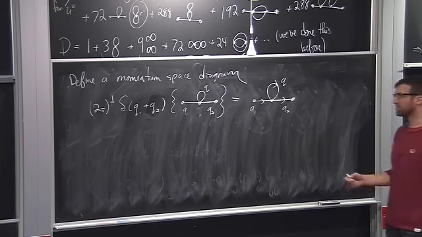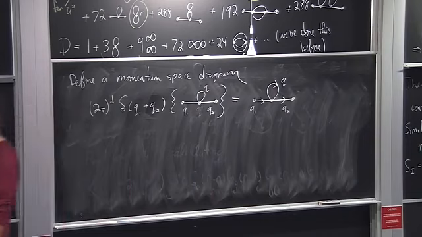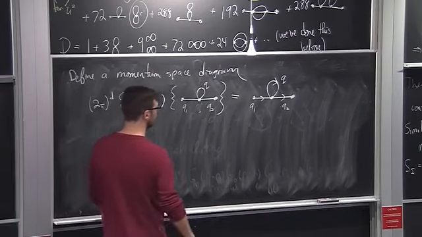So the general rules of transforming between real space diagrams and momentum space diagrams follow this basic idea without deriving them.